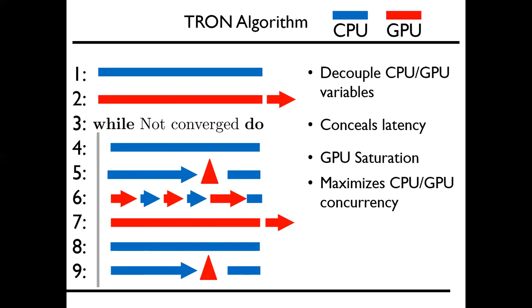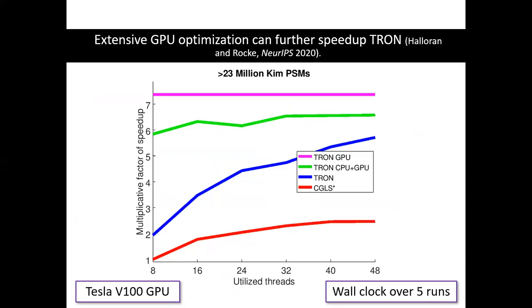Both the GPU is running while the CPU is running as much compute as possible in parallel. So we took this set of optimization principles and added it to Tron within Percolator. If you look at the paper, we also showed that this set of principles applies to algorithms within liblinear, and you can get something like an order of magnitude speedup within the already super fast liblinear. Now we'll look at how these translate to massive proteomics analysis in Percolator.